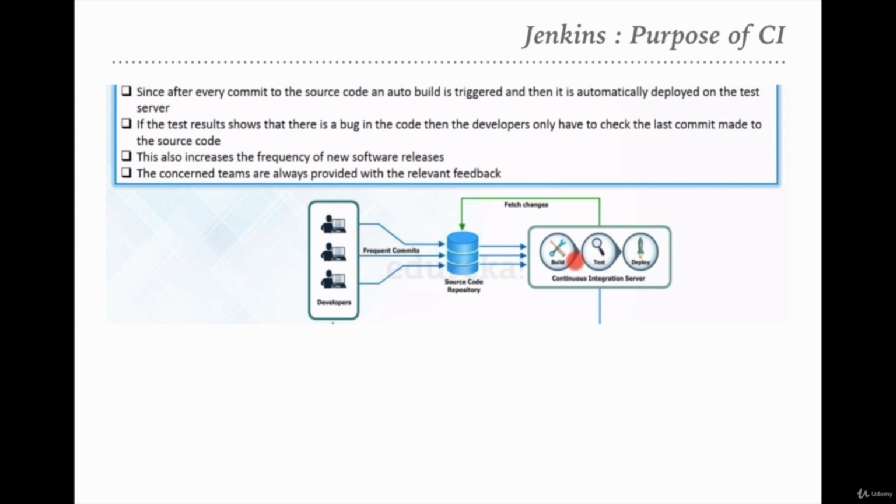In the continuous integration server, we are building the product, executing the tests on that product, and deploying that build in our test environment or production for further use, right? So on every commit to the source code, an auto build is triggered and then automatically deployed on the test server.